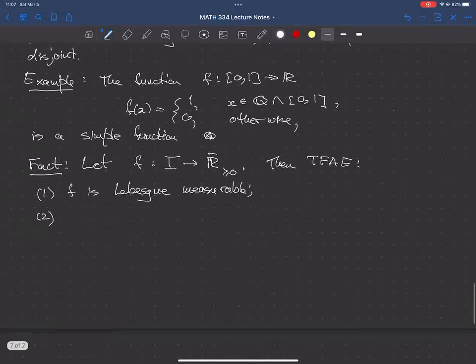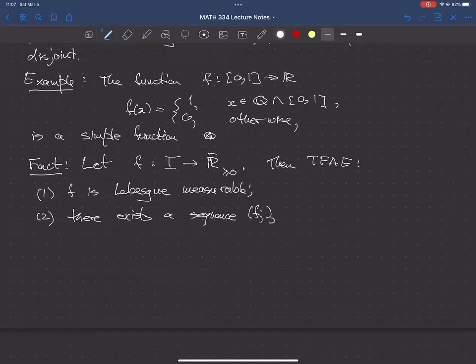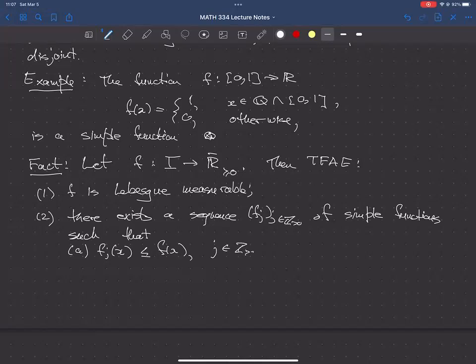All right, so let me spell that out. There exists a sequence fj of simple functions such that, first, fj of x is less than or equal to f of x for every j and every x.